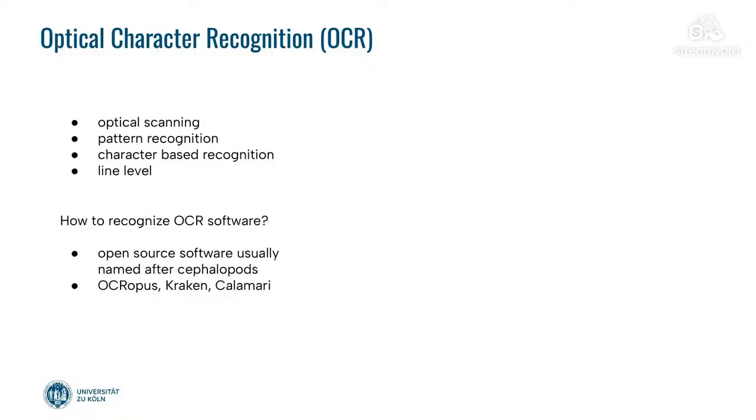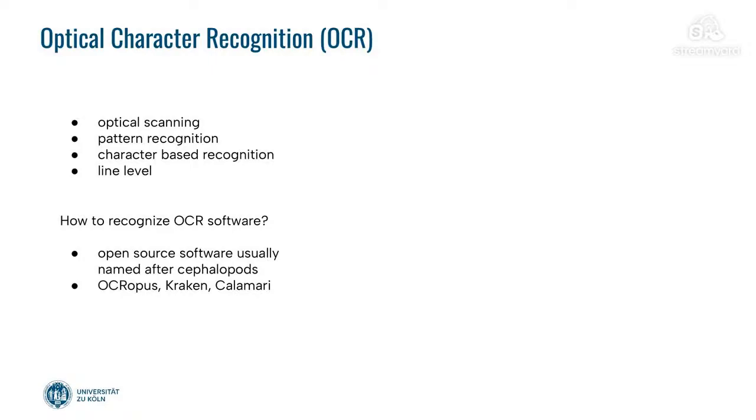So optical character recognition is optical scanning based on pattern recognition. And as the title says, it's a character-based recognition on the line level. So we always work line by line, but each character is transcribed individually.